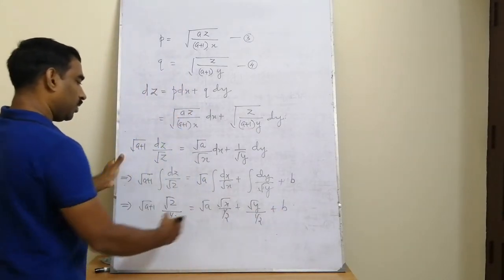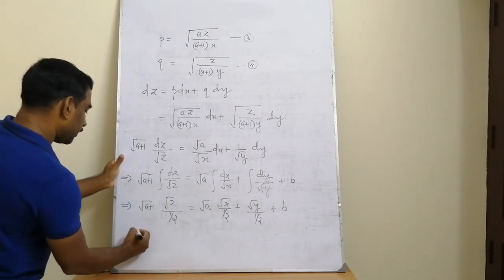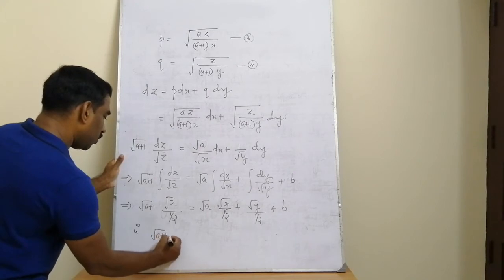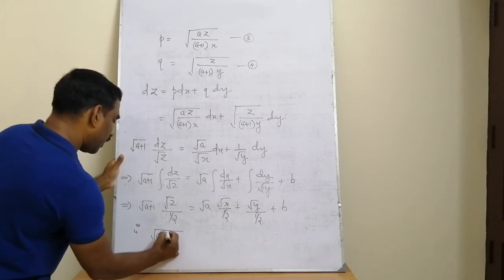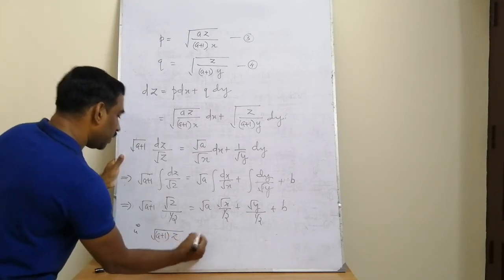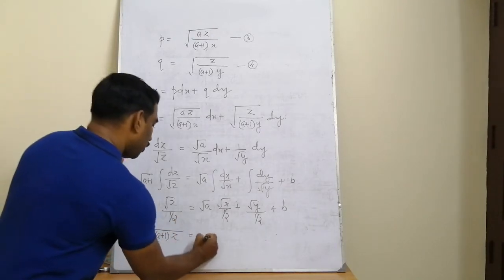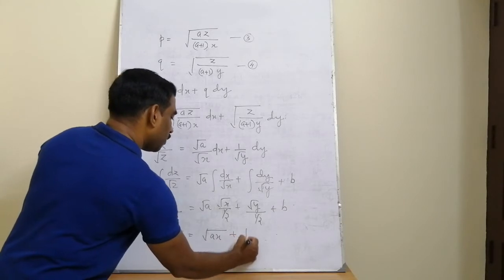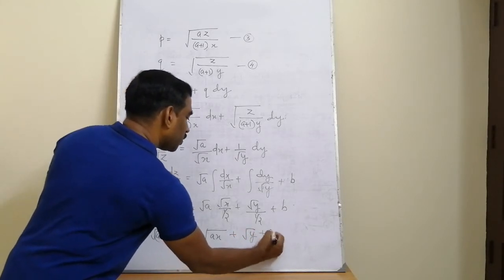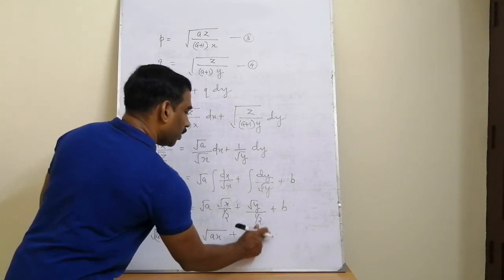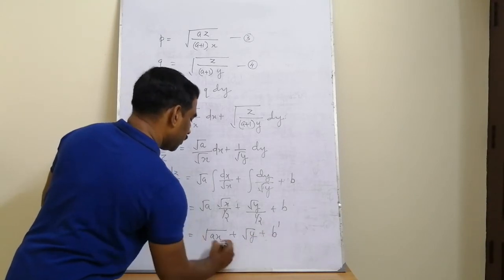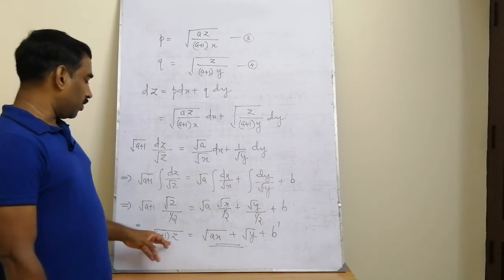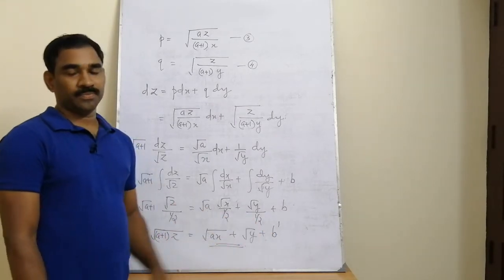Or we can remove the 1 by 2 factor from both sides, that is square root of (a plus 1) z is equal to square root of a x plus square root of y plus 2b, or we can call it another constant, say b dash. So this is the complete integral containing two arbitrary constants a and b dash.